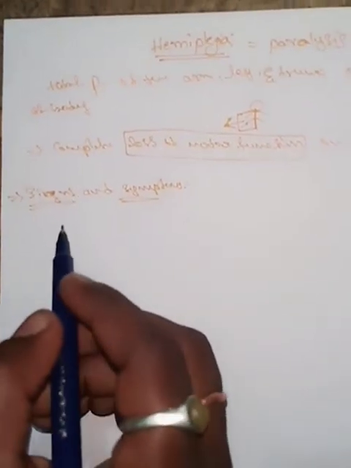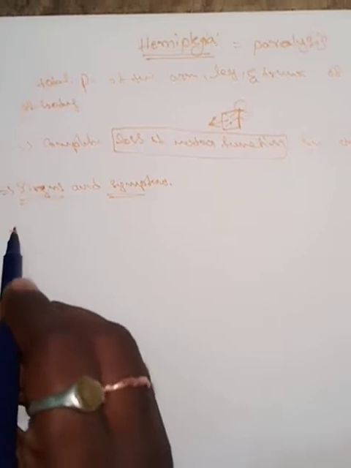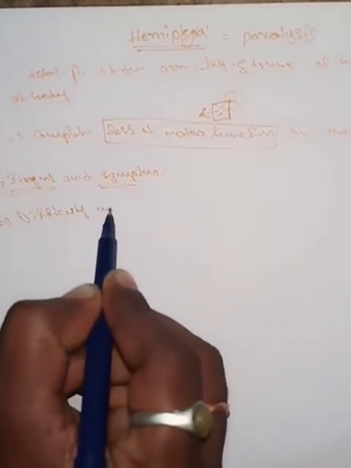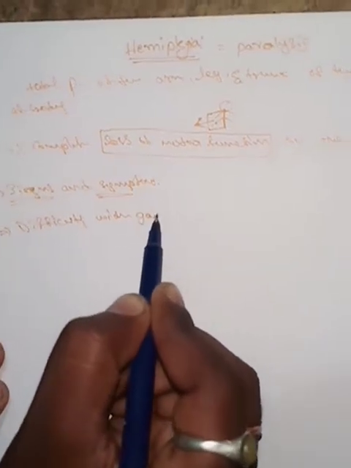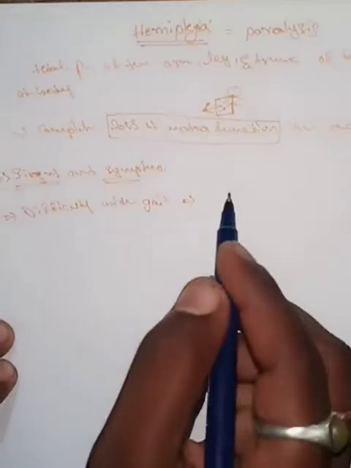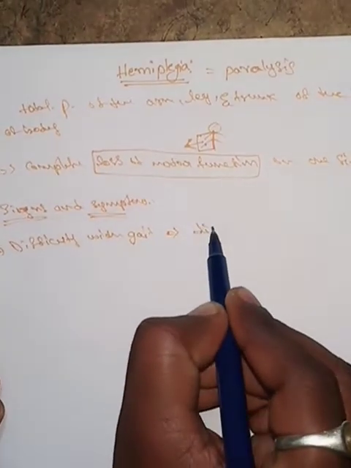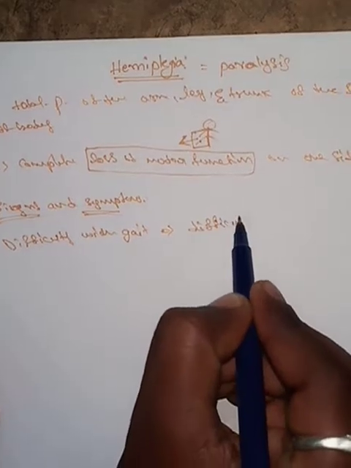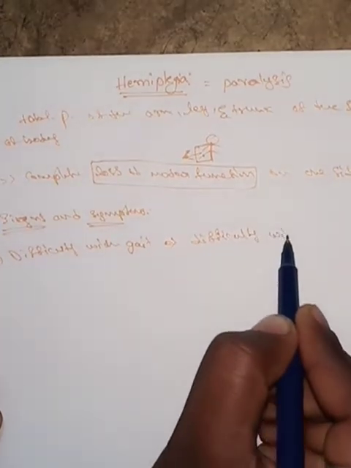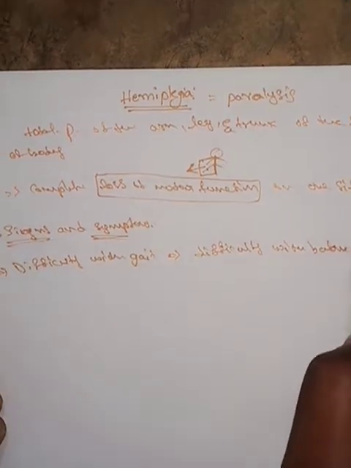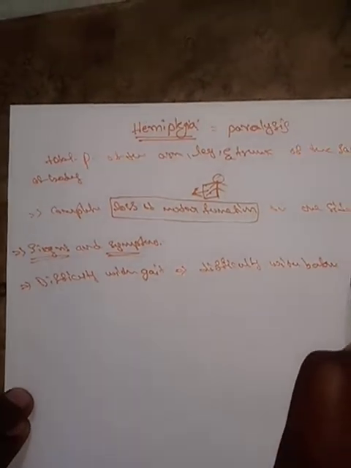The first one is difficulty with gait. The second one is difficulty with balance while standing or walking.